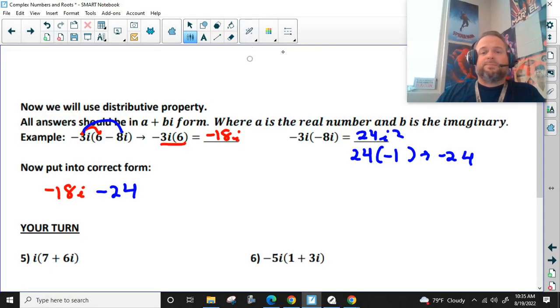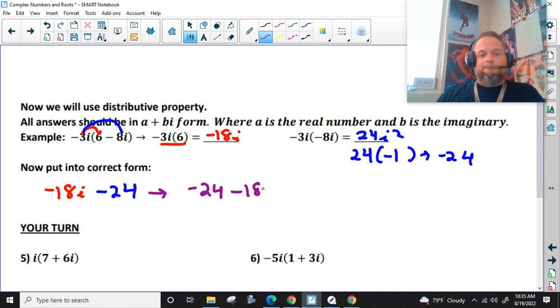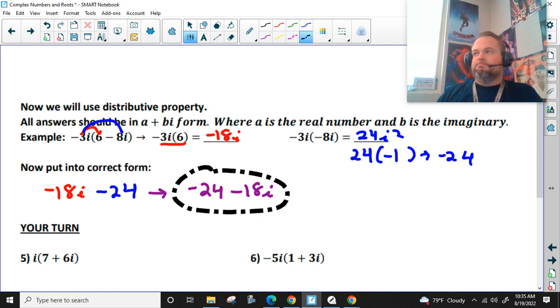Now, the actual answer, if I could write it correctly after harping on it, is this. That's it.